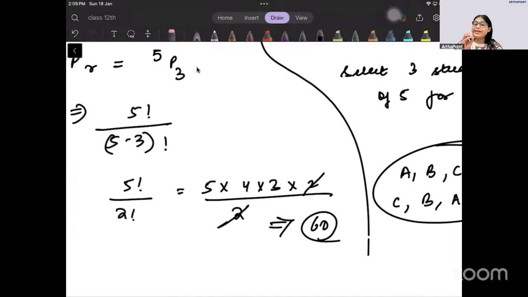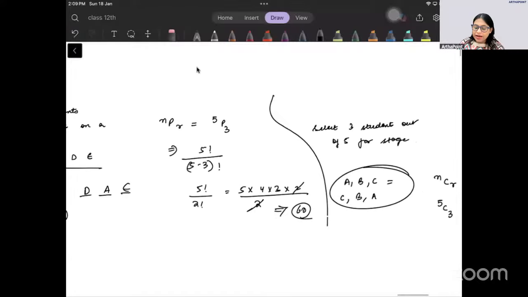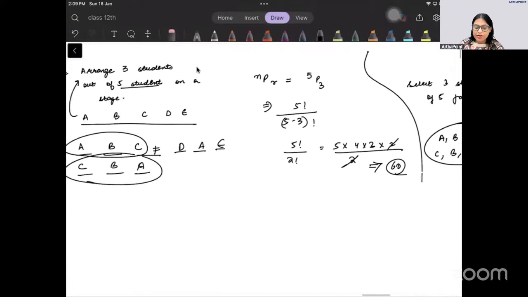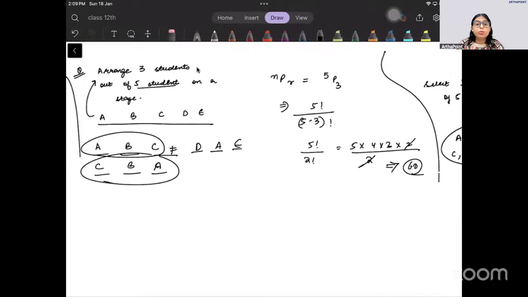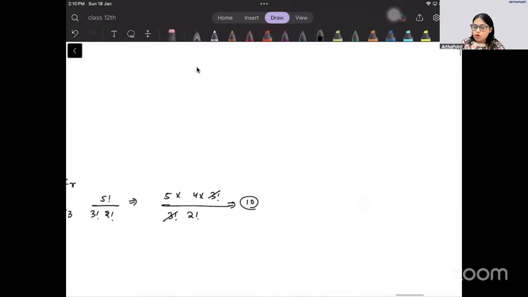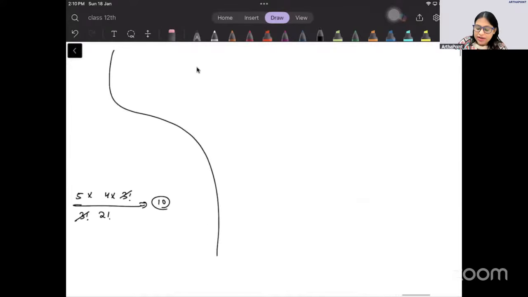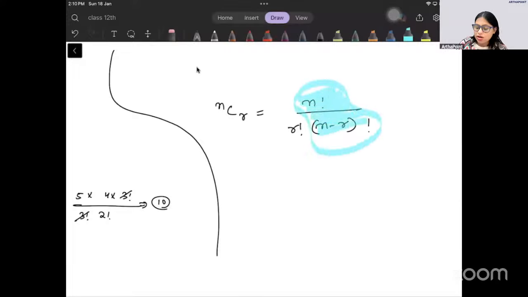अब एक बहुत interesting aspect है यहाँ पे. The aspect is to find the relationship between permutation and combination. So I know that nCr is n factorial upon r factorial, n minus r factorial. And I know कि ये वाला जो part है n factorial upon n minus r factorial, this is nothing but permutation. ये permutation का formula है.